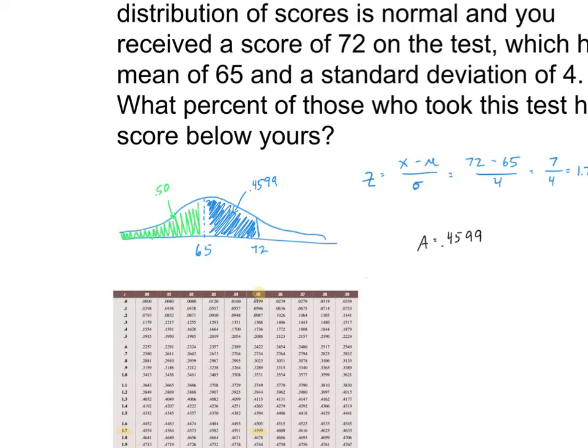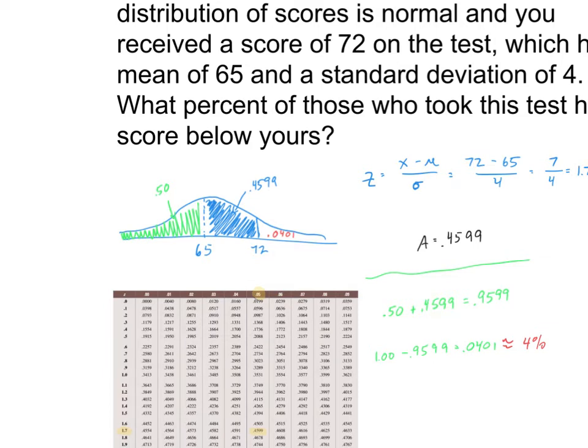If we add 0.50 plus 0.4599, that is equal to 0.9599. If you subtract that from 1.00, you will get 0.0401. And so that says that approximately 4%, only 4% of the people taking that test scored better than me.